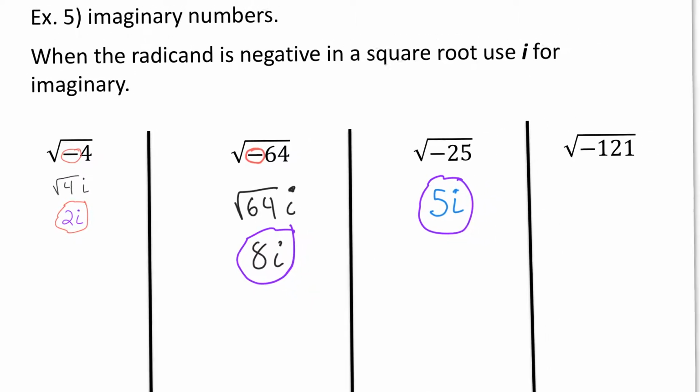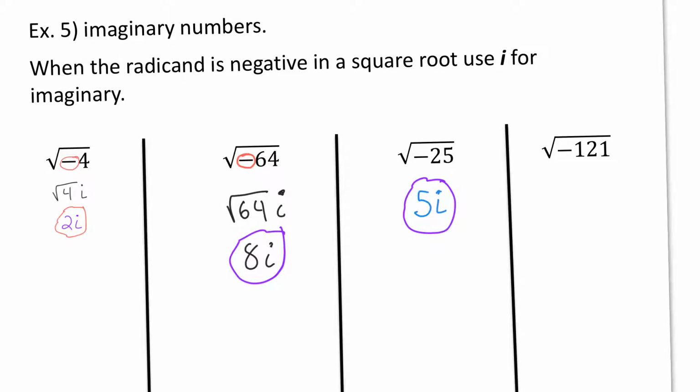And the last one, the square root of 121 is 11, but since you have a negative inside of the radical, you must have an i. So it's going to be 11i because it's a negative radicand. So all those imaginary numbers with an i mean they came from a negative radicand. The number inside is negative.